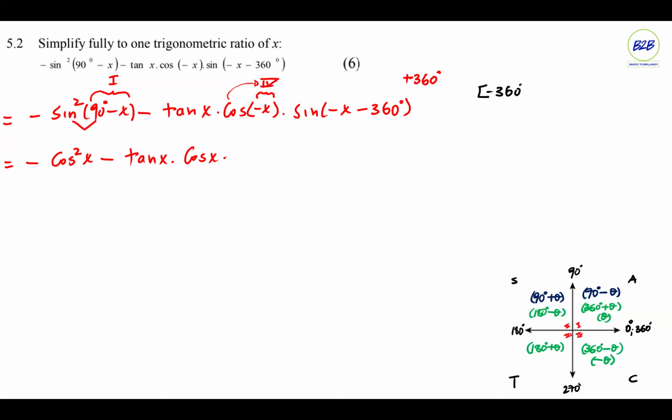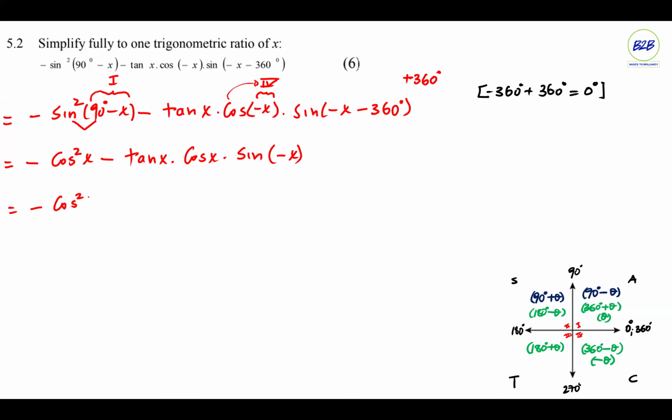Negative 360 degrees plus 360 degrees gives us 0 degrees. So what does that mean now? That means we are left with sine negative x plus 0 degrees. But there's no need for us to write down the 0 degrees.